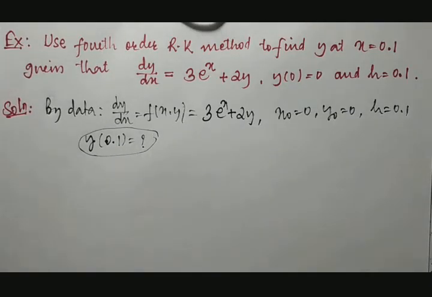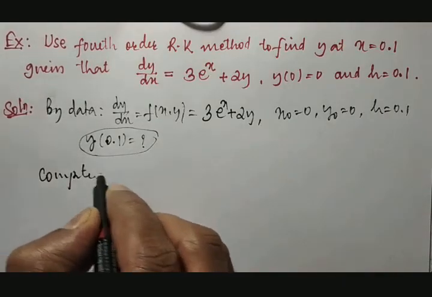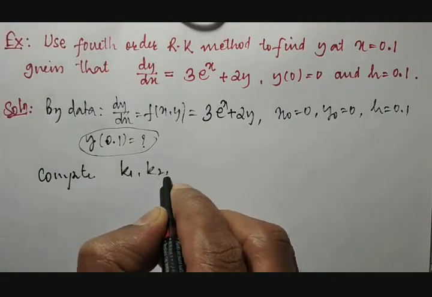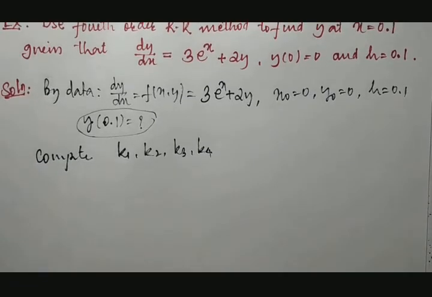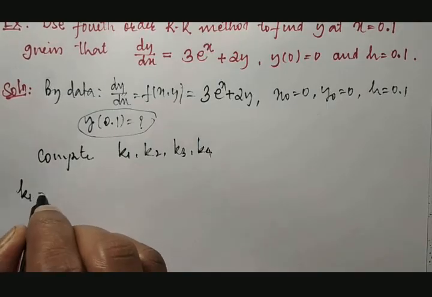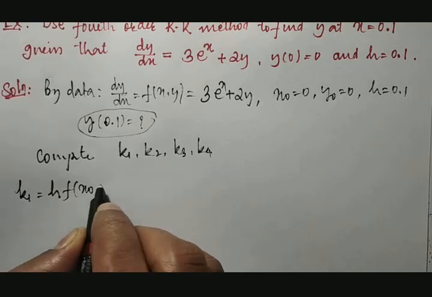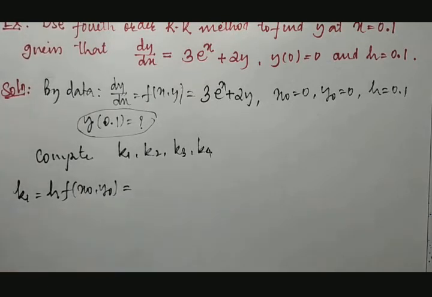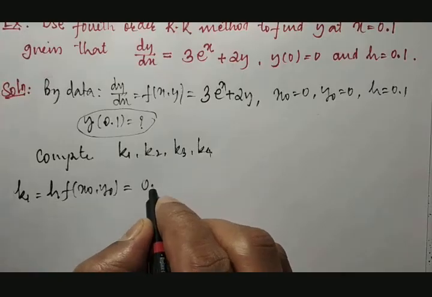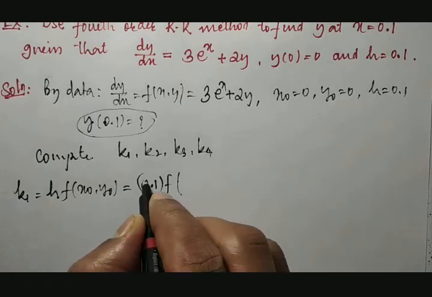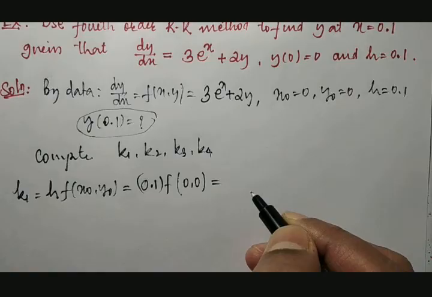Before calculating this, we need to compute the values of k1, k2, k3 and k4. Then k1 can be calculated by using the formula h into f(x0, y0), where h is 0.1, x0 is 0, y0 is 0.